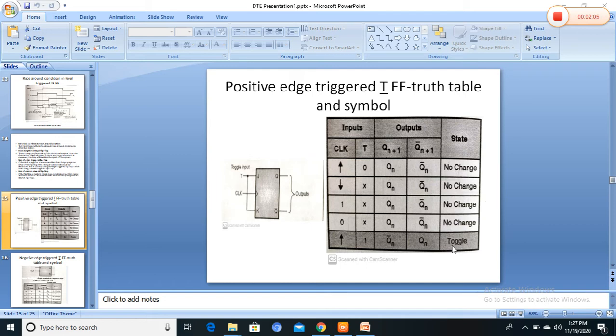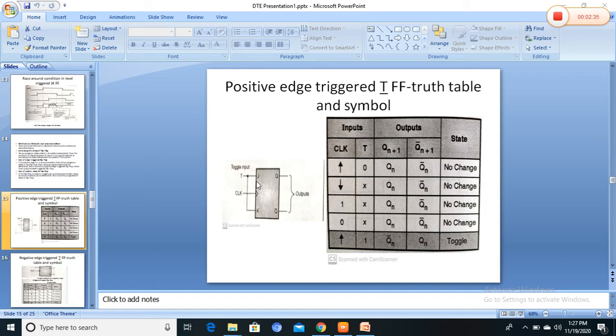In the T flip-flop, we study the JK conditions when J is equal to 0, K is equal to 0, and J is equal to 1, K is equal to 1. In those conditions we get the T flip-flop output. So T equal to 0 means JK is 0 0, and when T is equal to 1, JK is 1 1.